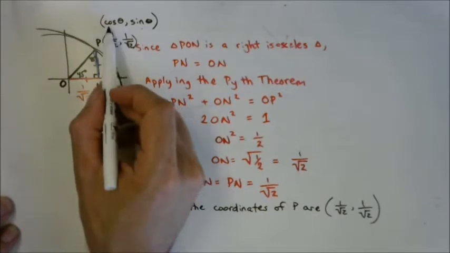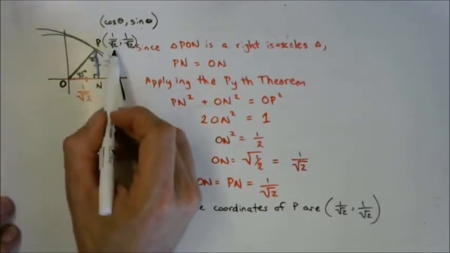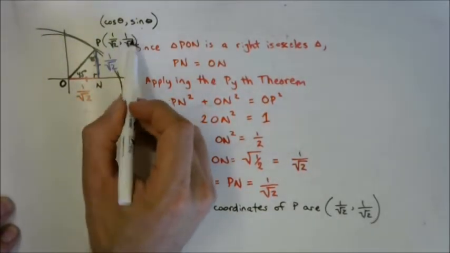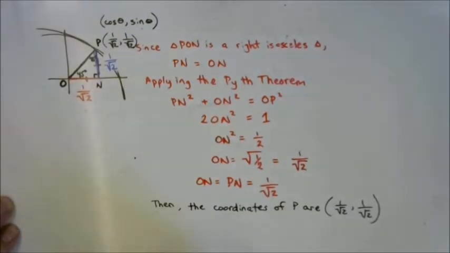So now you know the cosine of 45 is always going to be 1 over radical 2. The sine of 45 is 1 over radical 2. And you can actually get the tangent of a 45 degree angle as well. I'm going to write down the two things that we just did.